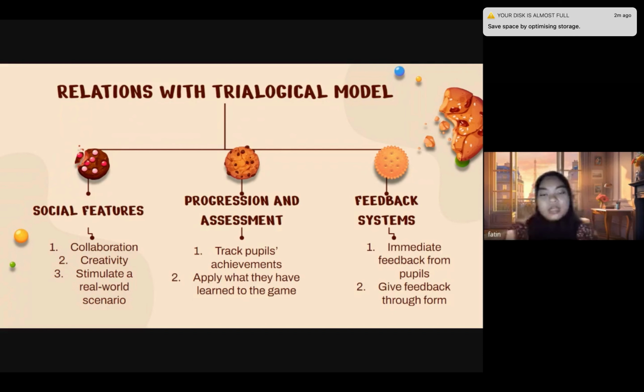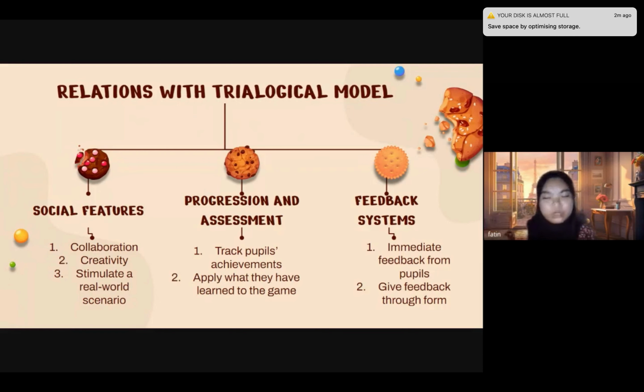And then in terms of feedback system, this game provides immediate feedback, like I said, and the learners or the users or the players can actually give feedback on this game through a form. So we can know their opinions about the game, and maybe find something to improve from their opinion.